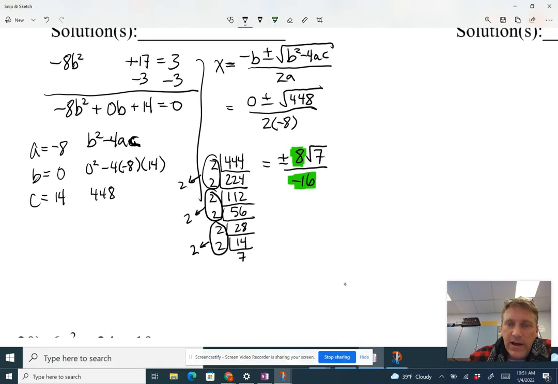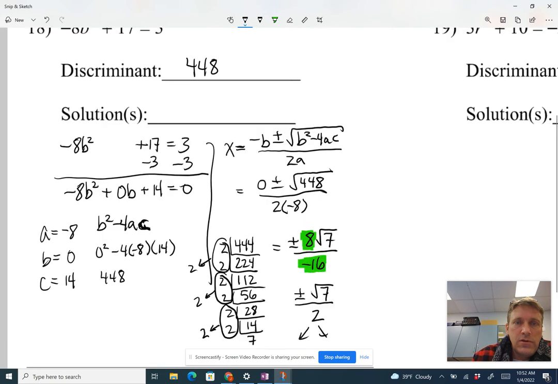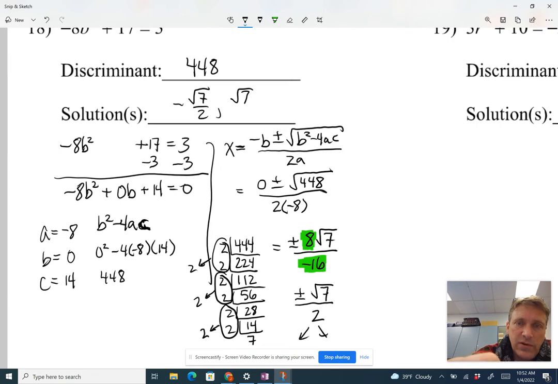And so that's 1 over negative 2. So this is plus or minus the square root of 7, which has an imaginary 1 in front of it, divided by 2. And again, this is two numbers. Negative square root of 7 over 2 and positive square root of 7 over 2. Or vice versa. If you switch the order, that doesn't matter.